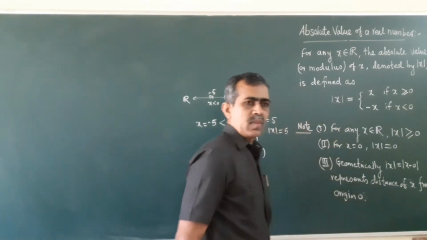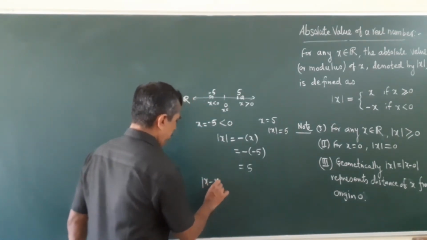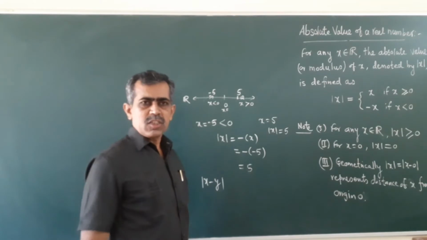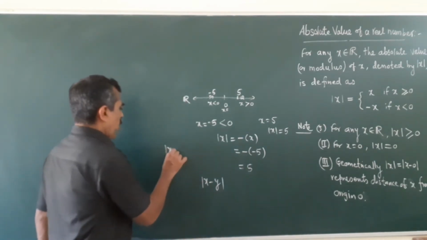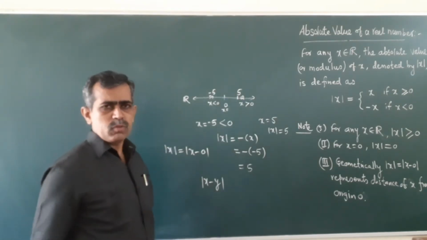Mod of x means distance of x from 0, for any real number.